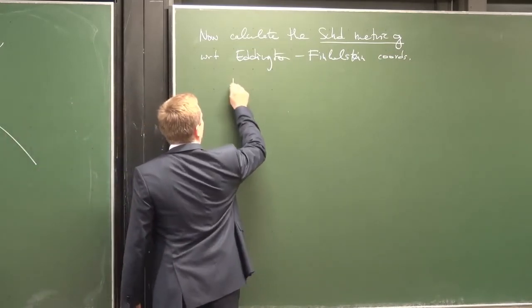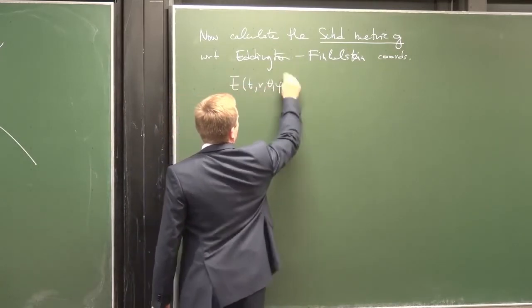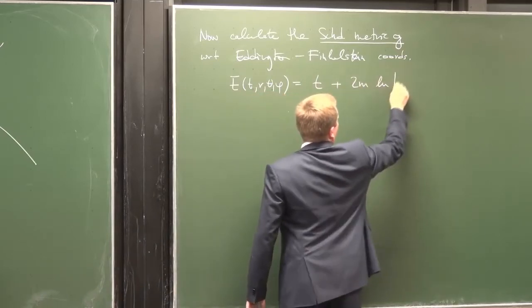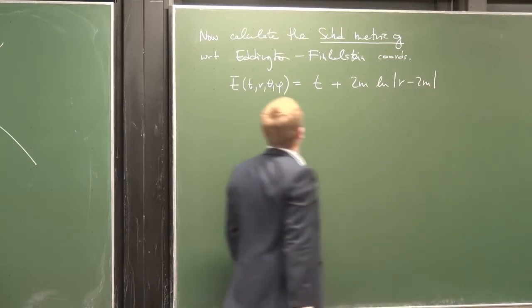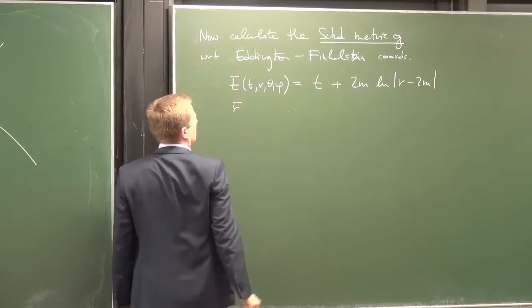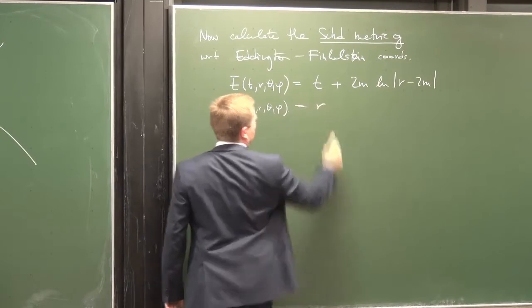So you have a new coordinate t bar that depends on the old coordinates, like t plus 2m ln r minus 2m. That's it. And you have a new r, which depends on the old coordinates, like the old r.